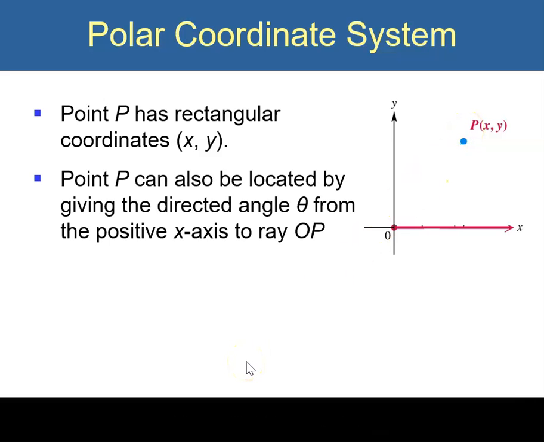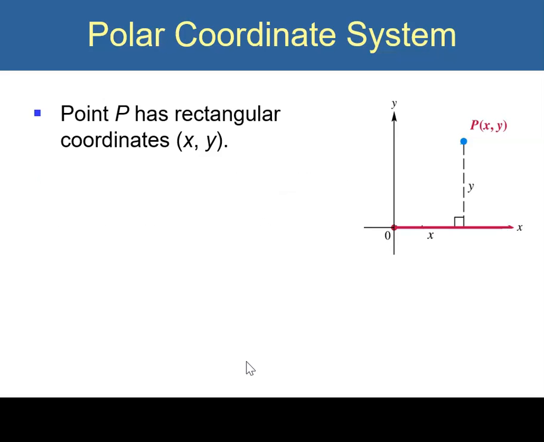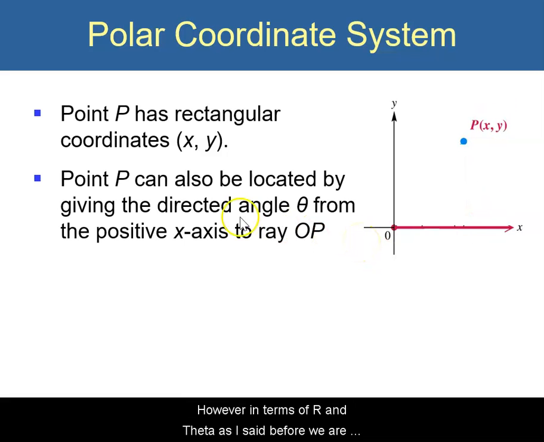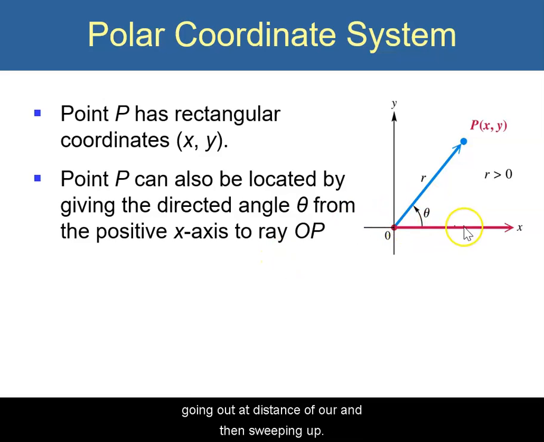Okay, right? So again, normally we would go over x and up y in the rectangular coordinate system to get to this point. However, in terms of r and theta, as I said before, we are going out a distance of r and then sweeping up an angle of theta.